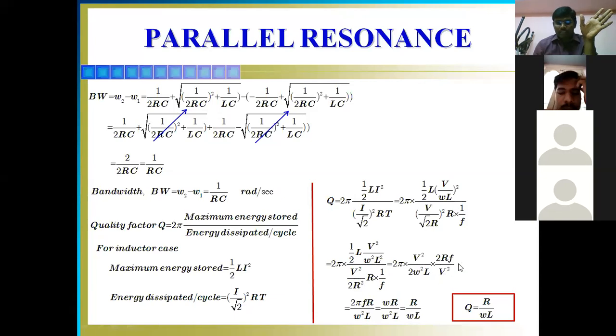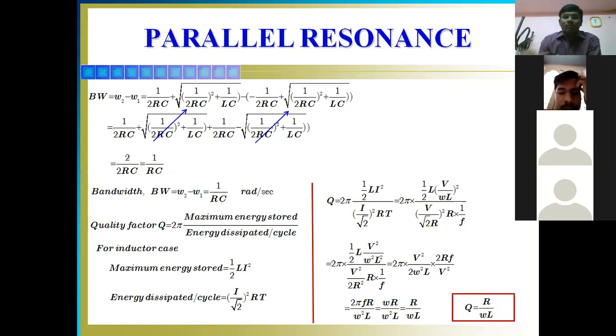V square gets cancelled, and the 2s get cancelled. So 2 pi remains, F R remains, so 2 pi F R by omega square L, where 2 pi F is equal to omega. So omega R by omega square L, which is equal to R by L. Therefore the quality factor Q is equal to R by L.